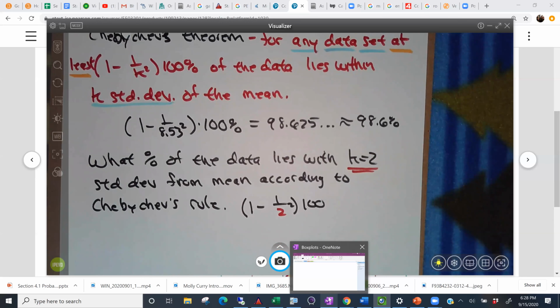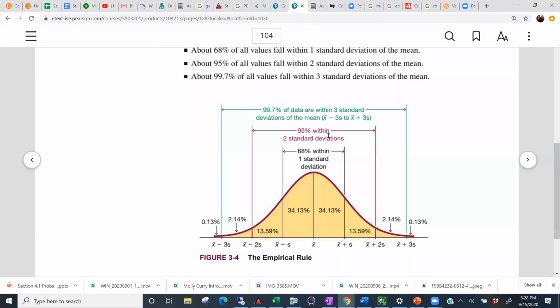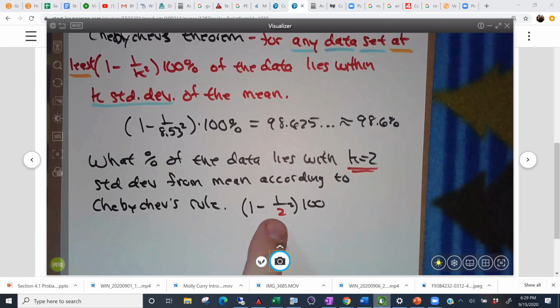Well, the empirical rule would imply that you have normally distributed data. So maybe we do, maybe we don't, but if you did, then according to the empirical rule, 95% of your data should lie within those 2 standard deviations of the mean. But if you didn't know that it was normally distributed, you couldn't use the empirical rule. But you still could use Chebyshev's rule.